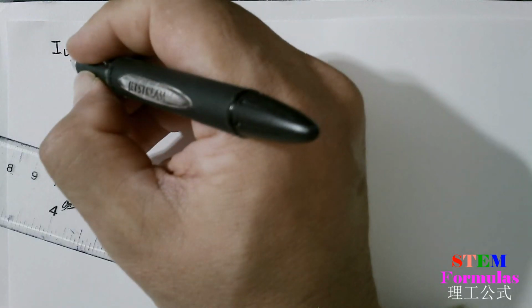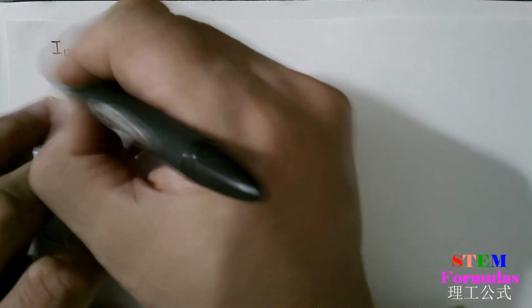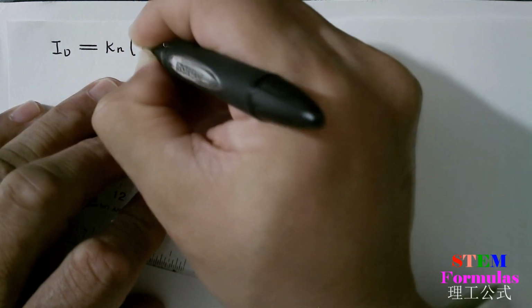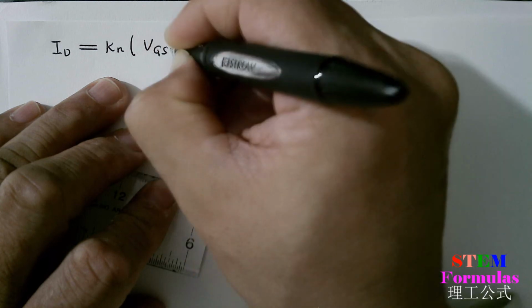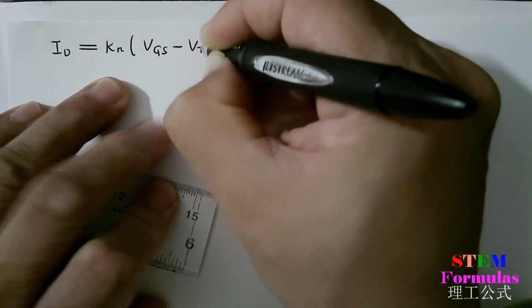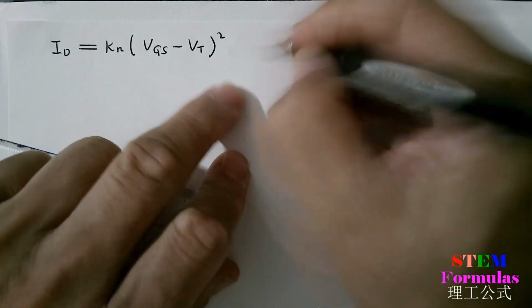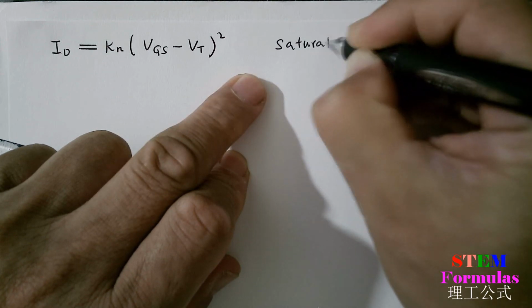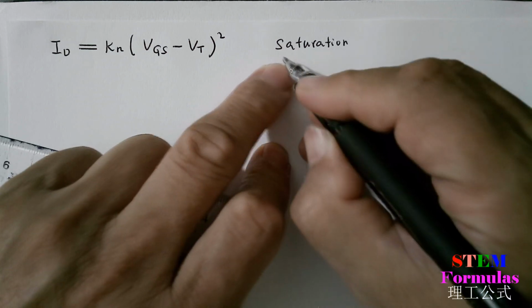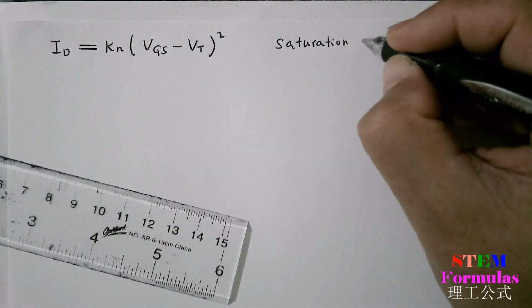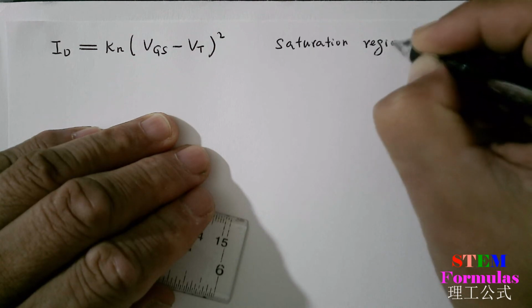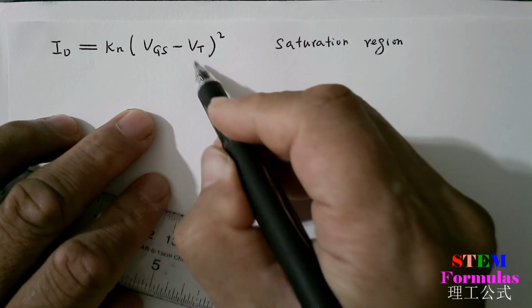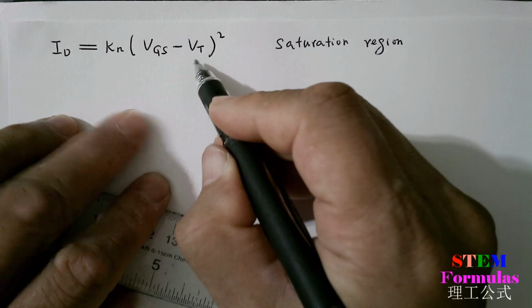From the characteristic of the MOSFET, we have ID equal to Kn times VGS minus VT squared. So this is the saturation current. And VT is a number, called the threshold voltage.